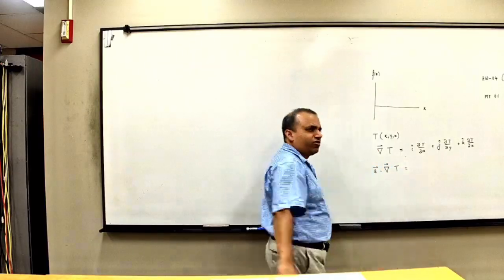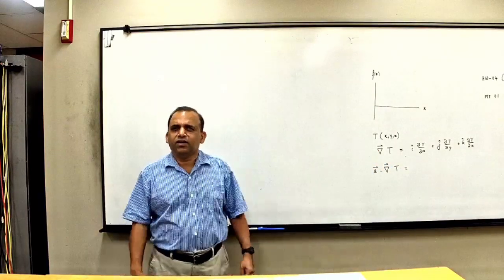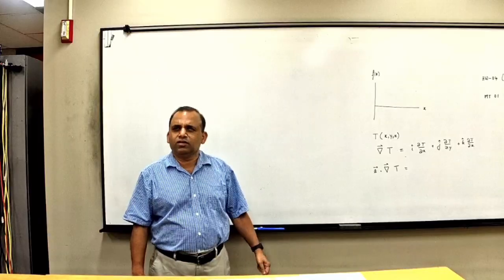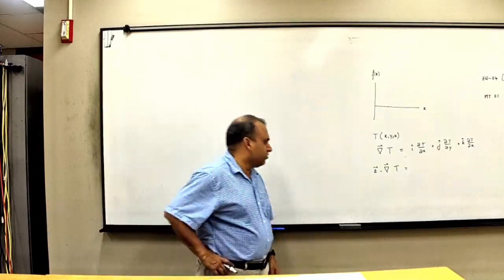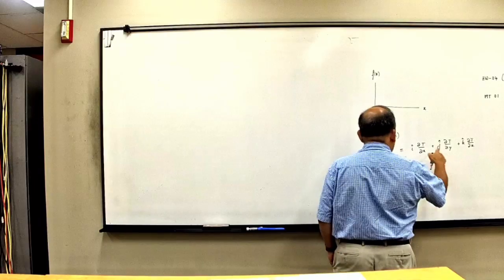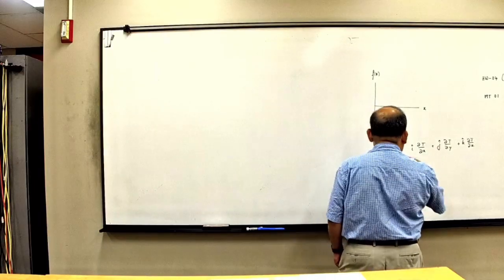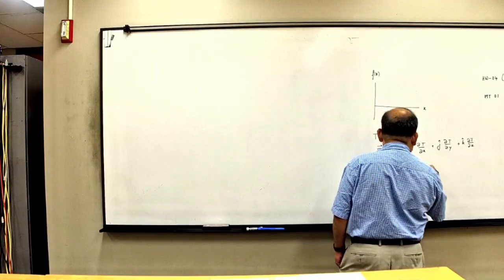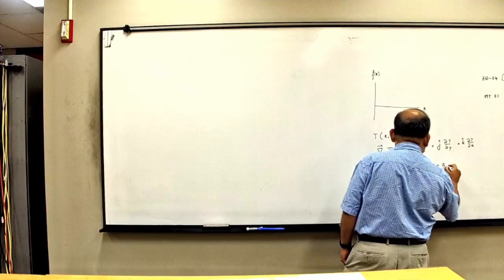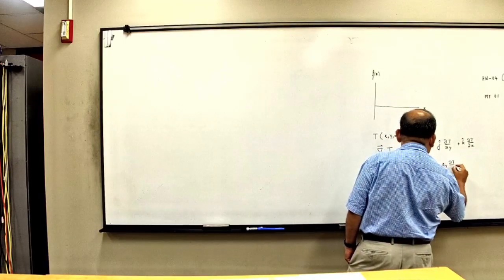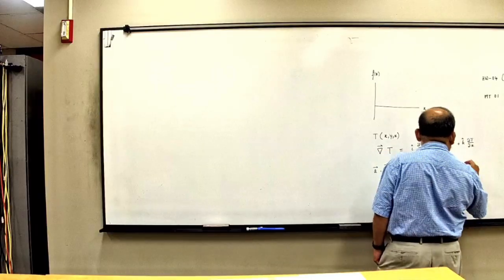this is one of the first derivatives you learn in vector calculus. Here you might see it in electrodynamics. This is a directional derivative. So this is basically ax d by dx plus ay d by dy plus az d by dz.